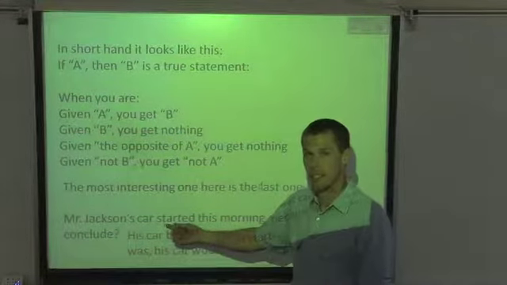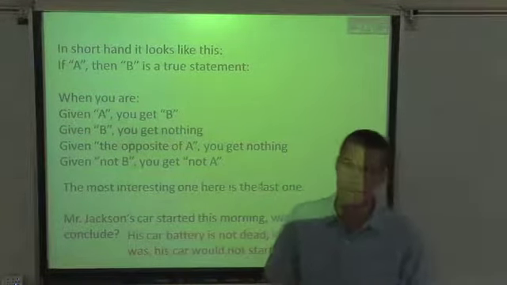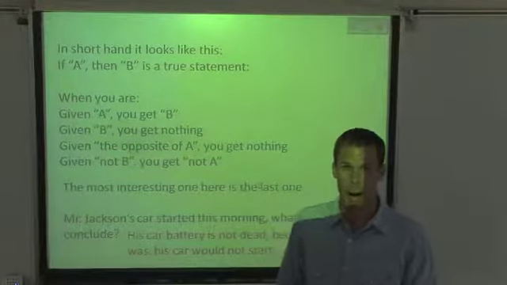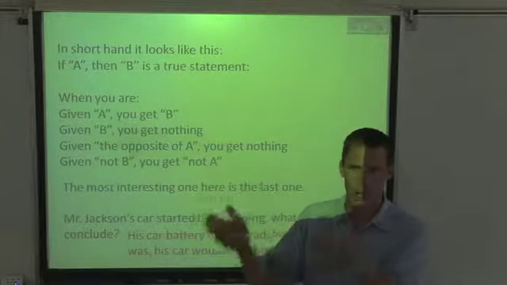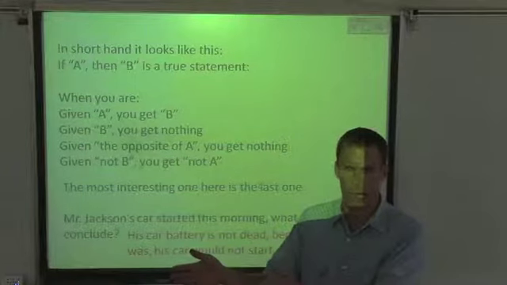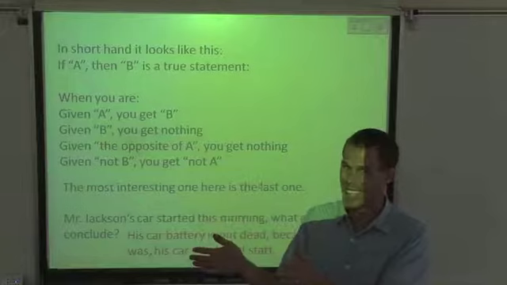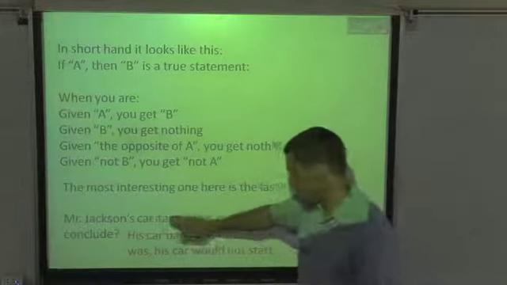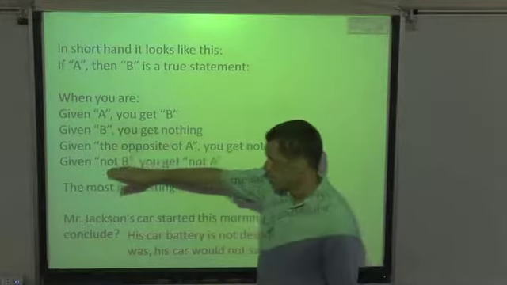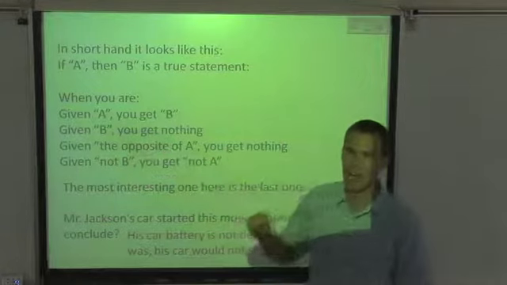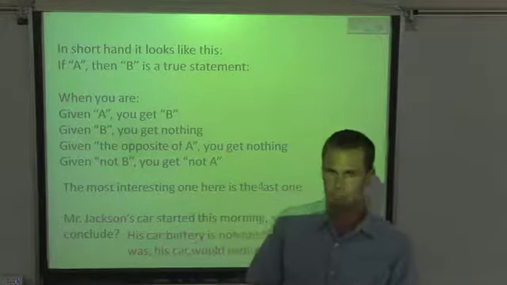But the car did start. Battery's not dead. This is the contrapositive. If a car battery is dead, the car won't start. Contrapositive: if the car does start, the car battery is not dead. Guaranteed that if you are given the opposite of B, you get the opposite of A, because it is linked to the contrapositive.